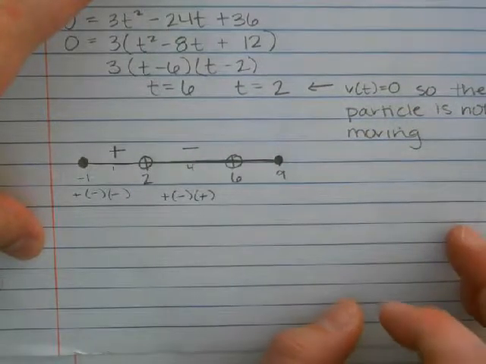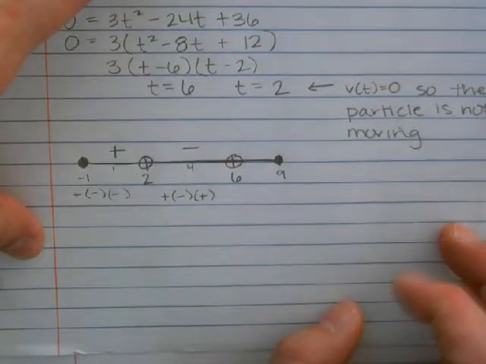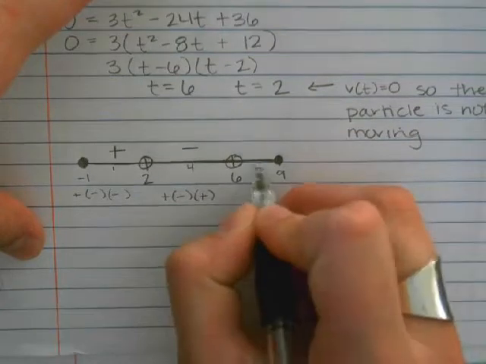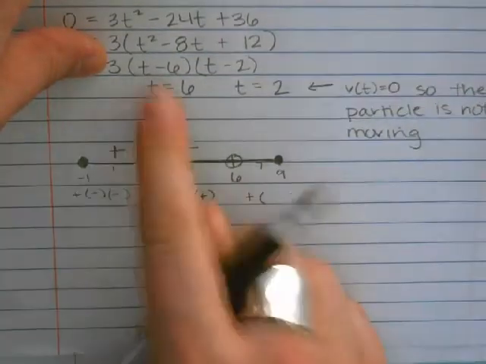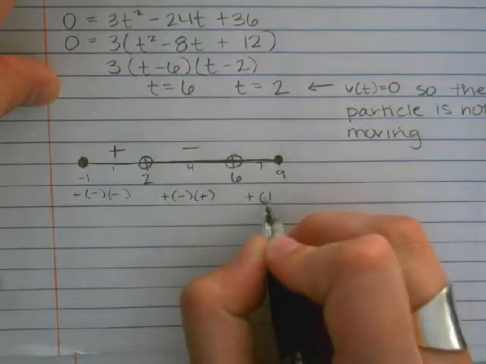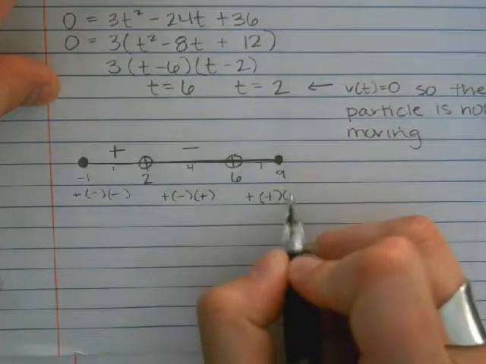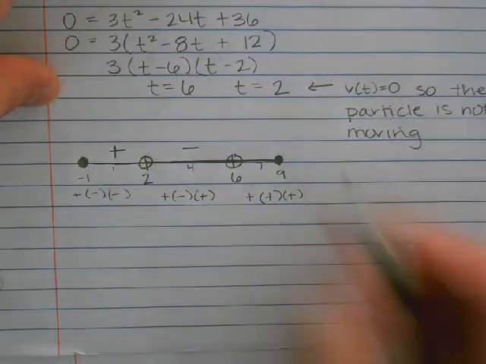It has a negative velocity, which means it's moving to the left. All right, what's the number between 6 and 9? 7. Okay, so we have the 3 again, so that's still positive. 7 minus 6, positive. 7 minus 2, positive. A positive times a positive times a positive, positive.